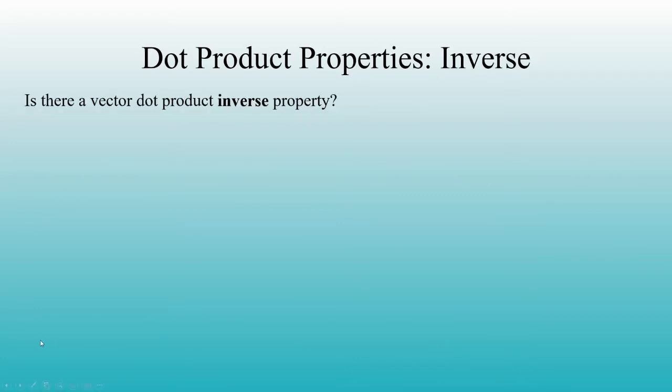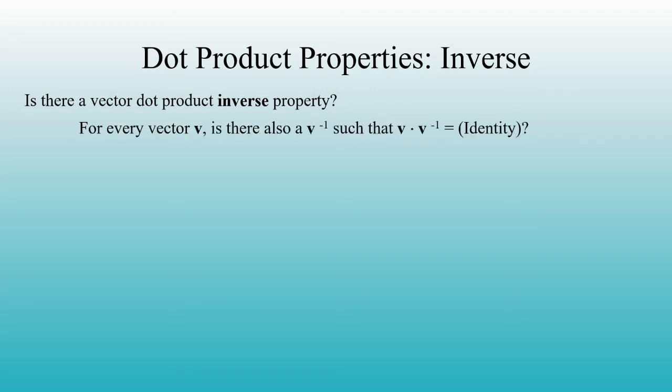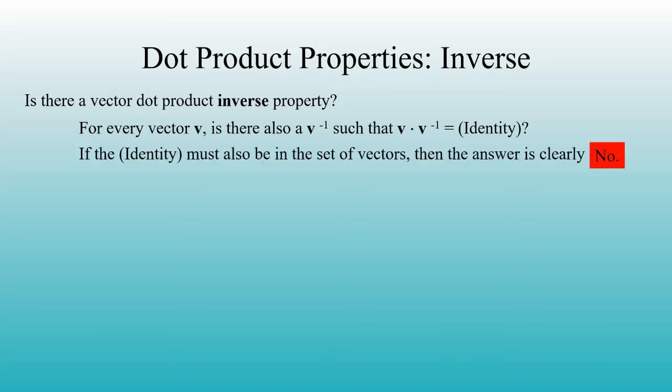Is an inverse property for the dot product defined? That is, for every vector in the set of vectors, is there also a v inverse such that v dot v inverse equals the dot product identity I? Well, if the requirement is that the identity object be in the set of vectors, then no, because the dot product of two vectors is always a scalar.